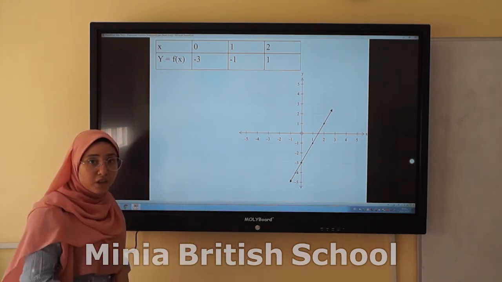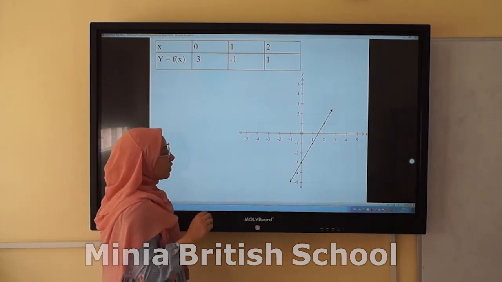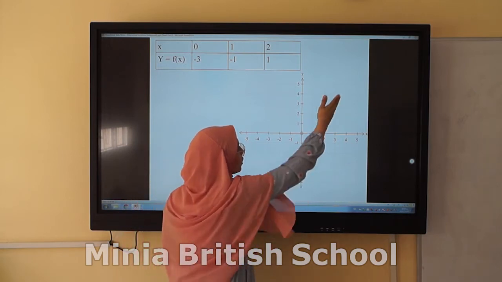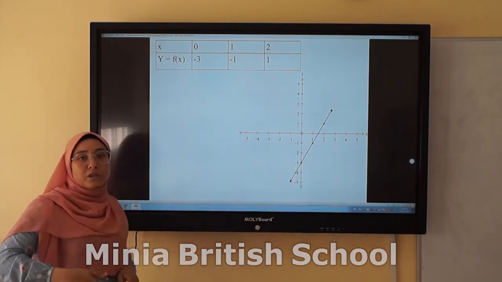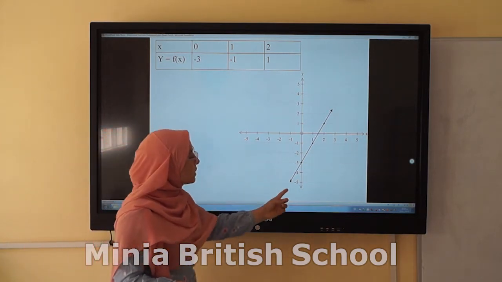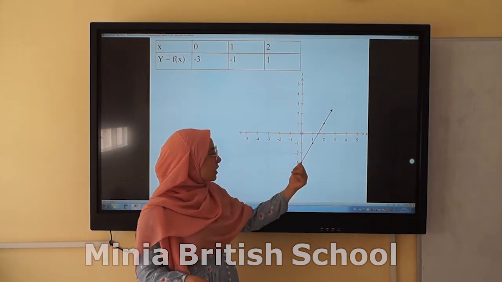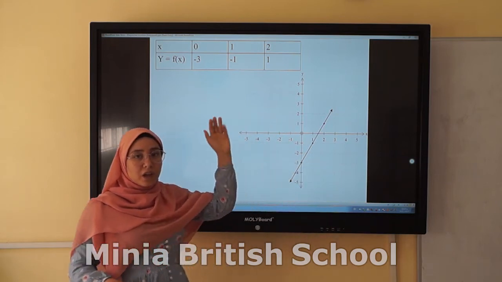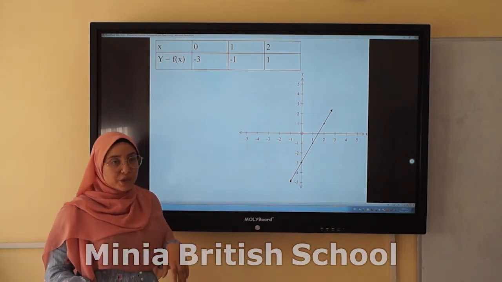Then join the 3 points to draw a straight line passing through them, okay? This straight line represents the function 2x minus 3.